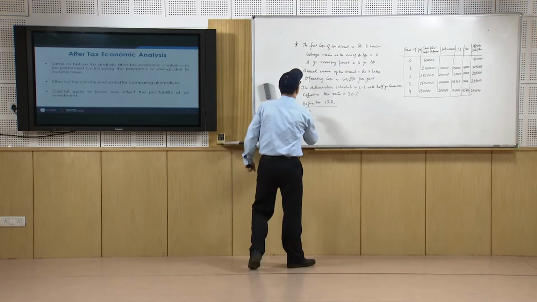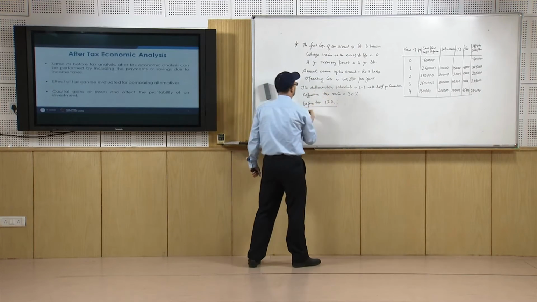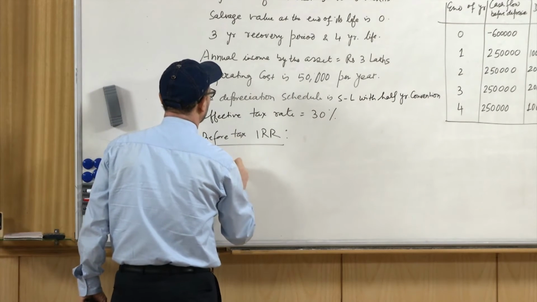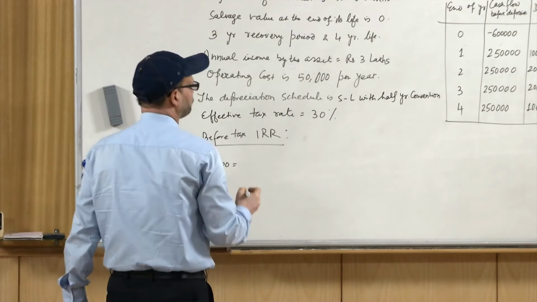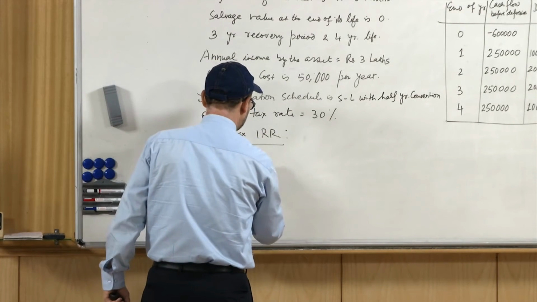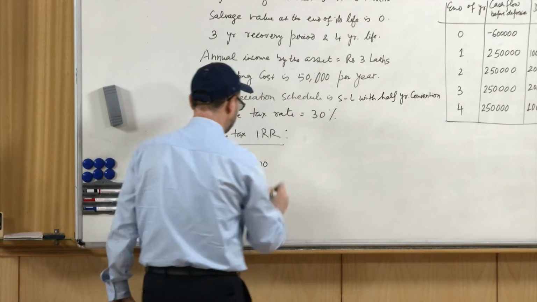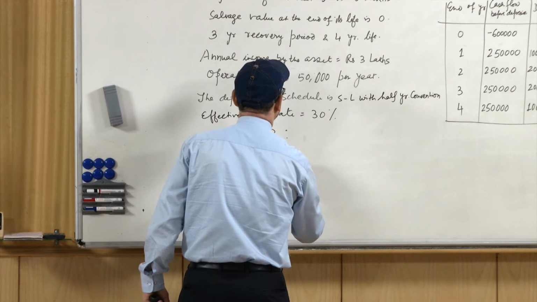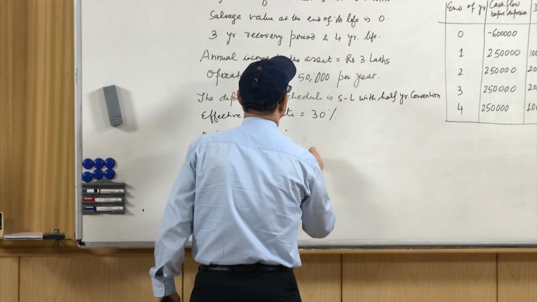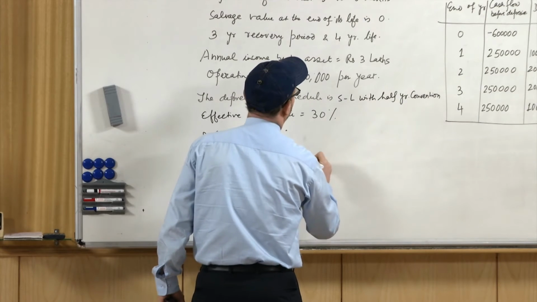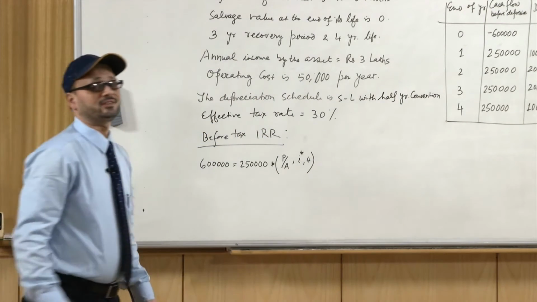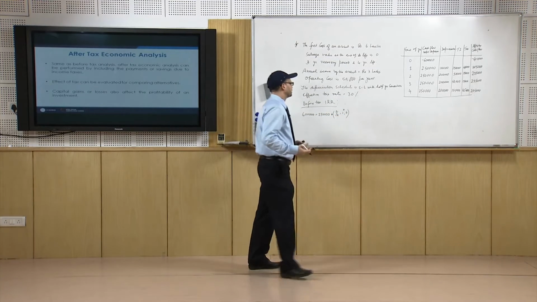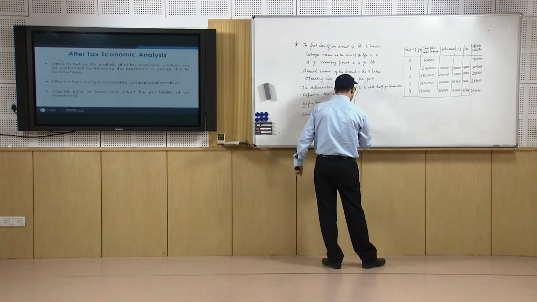So for before tax, the IRR can be computed as 6 lakh equal to 2,50,000 multiplied by P/A, i*, 4. This gives you the internal rate of return before tax analysis.